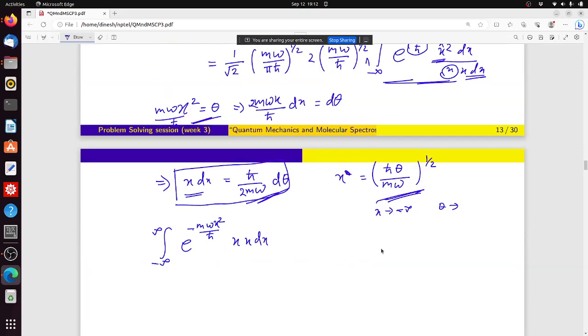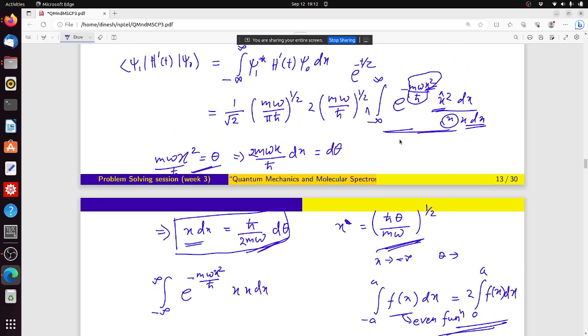If I have some limit, not minus infinity, let's say minus a to plus a, some function of x dx, and this is an even function, then I can write this as 2 times 0 to a f of x dx, right?